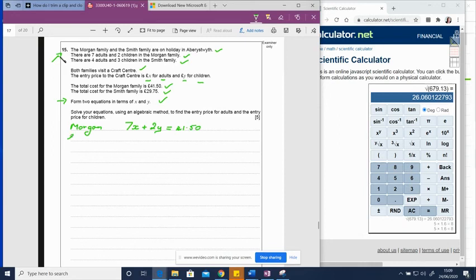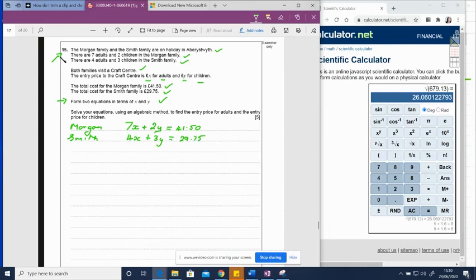Now, if we look at the Smith family and do the same, there's 4 adults, so that's 4x, and there's 3 children, so that's 3y, and we know that equals £29.75.